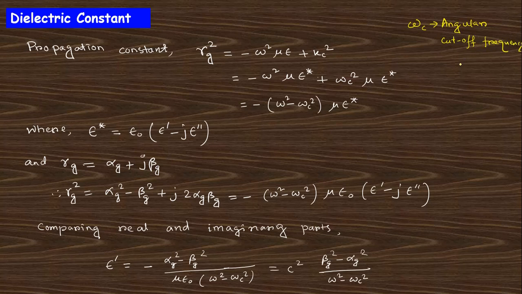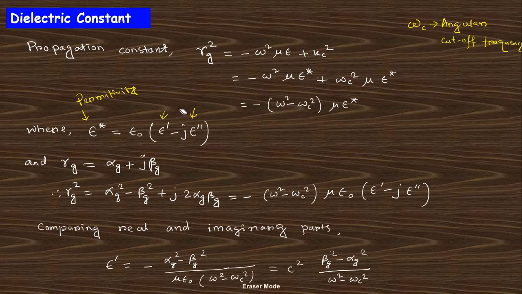Omega c is the angular cutoff frequency, and epsilon star is the relative permittivity. This was actually relative permittivity.